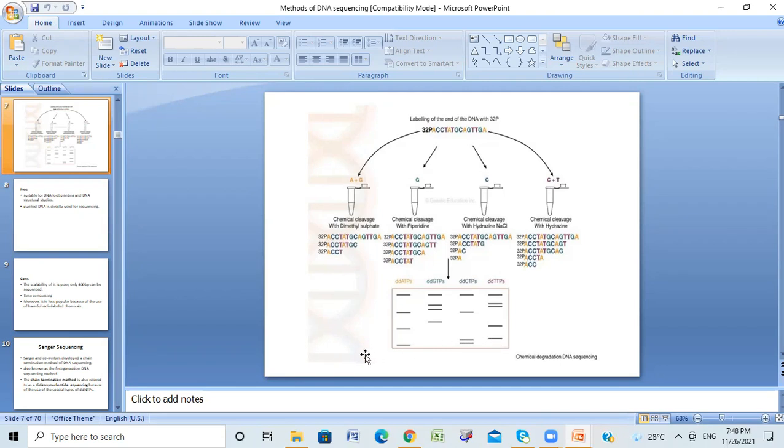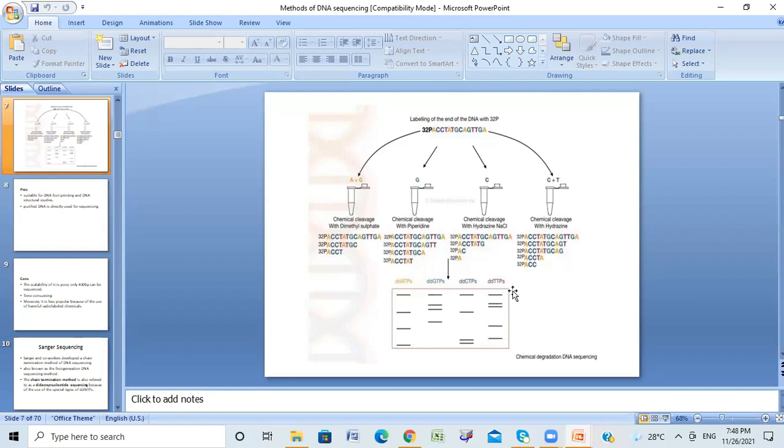Again you'll be going from the smallest to the biggest one. Then that will be your sequence. Again, this one is from the 5 prime end in that direction. The smallest is the 5 prime end, and it goes up to the 3 prime end.